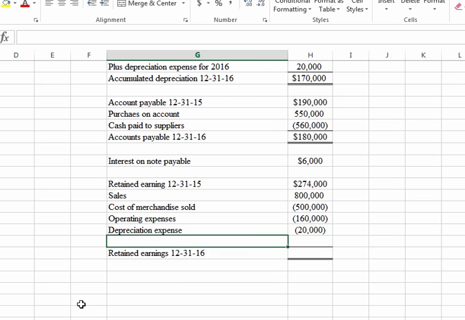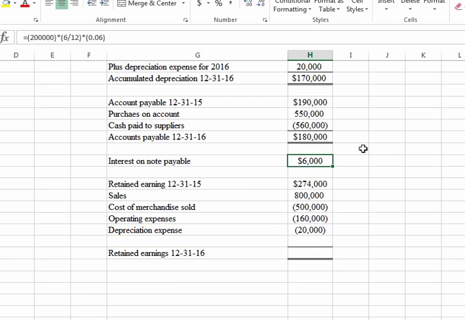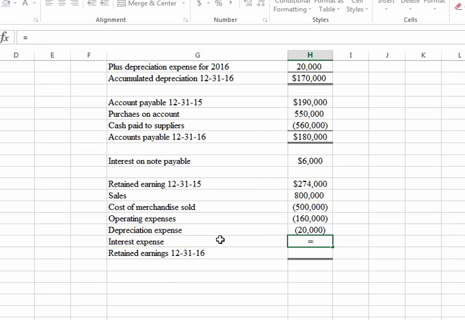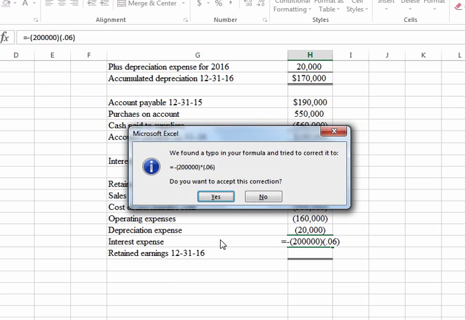And then our interest expense for the year, well, we calculated already that it's 6,000 for that final 6 months of the year. Well, the expense then for the entire year would be 12,000. You could calculate it like this. We're going to show it as a negative number, so 200,000 times the 0.06 because this is for a year.